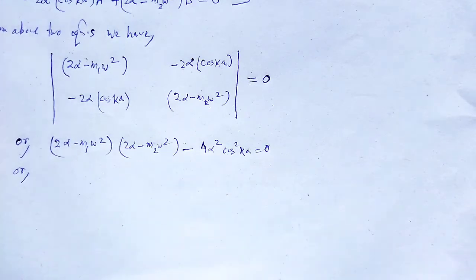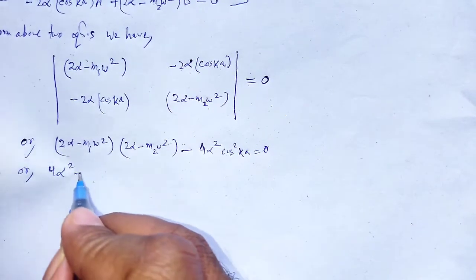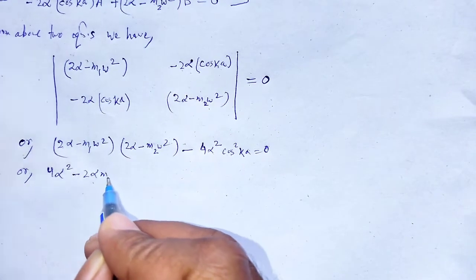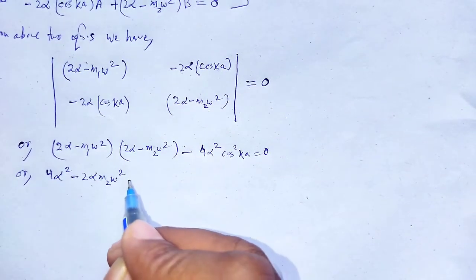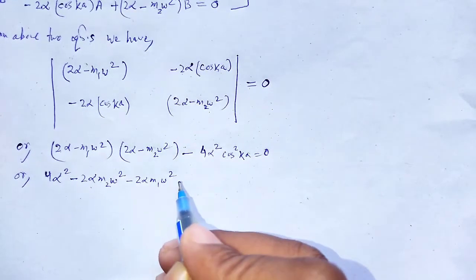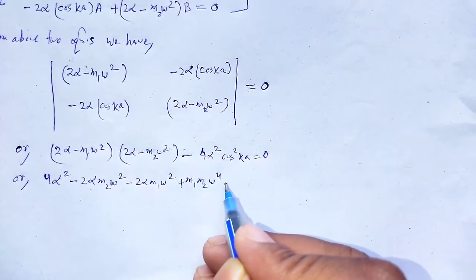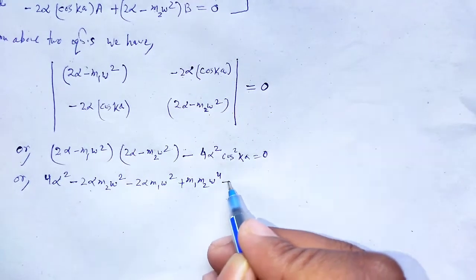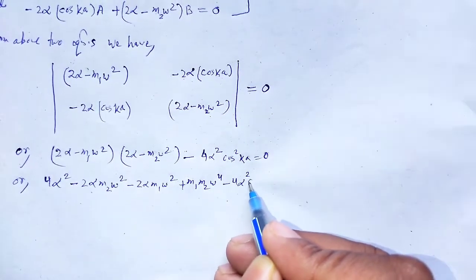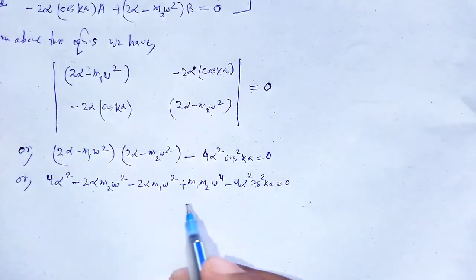Expanding these terms: 4 alpha square minus 2 alpha m2 omega square minus 2 alpha m1 omega square plus m1 m2 omega fourth, minus 4 alpha square cos square ka is equal to 0.